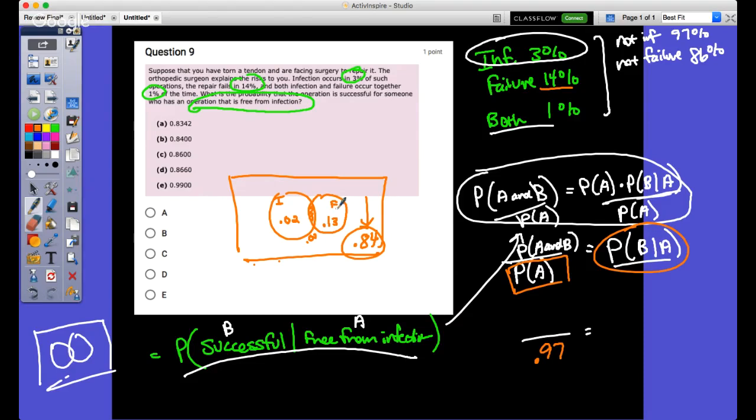Or not infection and not a failure. So that'd be 0.84, anything on the outside here. So this would be 0.84 divided by 0.97. Get 0.865, or 0.866, okay?